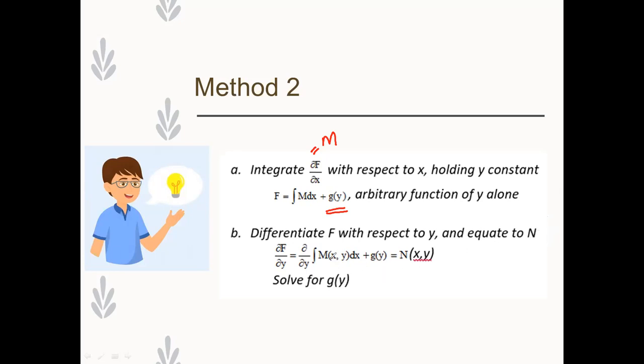In the process, you will have this particular expression, which will lead you to the g of y. Once you have the g of y, you go back here and substitute this g of y in your answer, and that would now be the solution of your exact differential equation. Okay, so for you to understand this better, we'll go to a specific example.